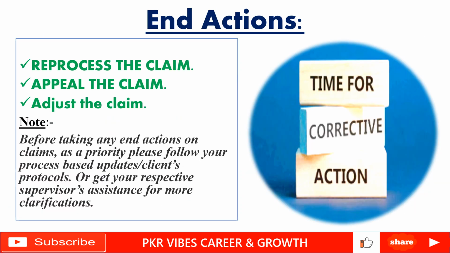Okay guys, now we are discussing CO256 denial end actions. If we got a CO256 denial from the insurance, what kind of corrective actions should we take over the claim? First point: reprocess the claim. For example, we already discussed on the previous slide that we got a denied procedure.